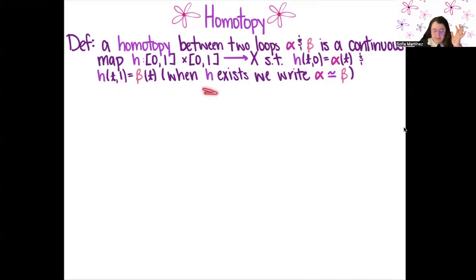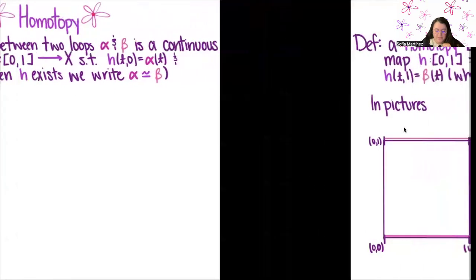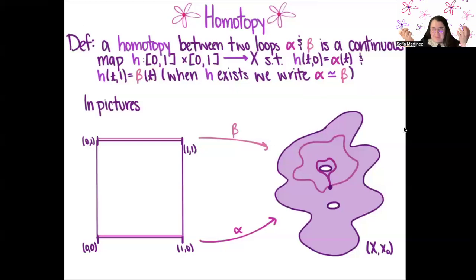If such a map exists, we write alpha is this symbol to beta. Really, this symbol is spoken as alpha is homotopic to beta. With that being said, let me tell you what this means in pictures, because it's way more fun that way.